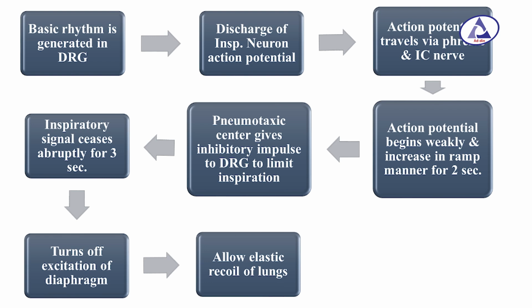So when the inspiratory signal ceases abruptly, suddenly stops, it turns off the excitation of the diaphragm, allowing the elastic recoil tendency of the lung to expel out the air, to exhale. That means your expiration has started. Okay? So this is how my whole rhythmic breathing happens: inspiration, expiration, inspiration, expiration.